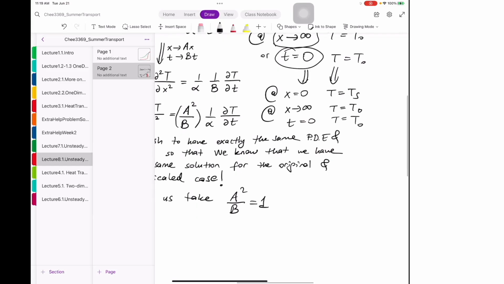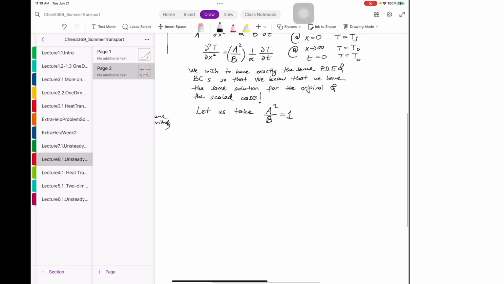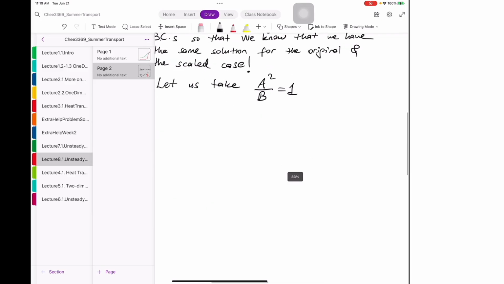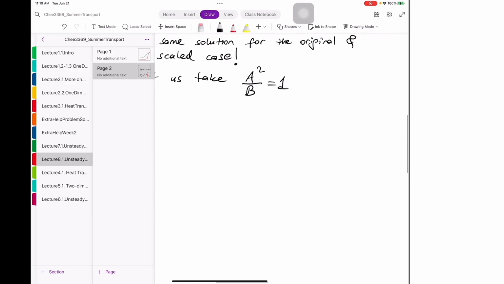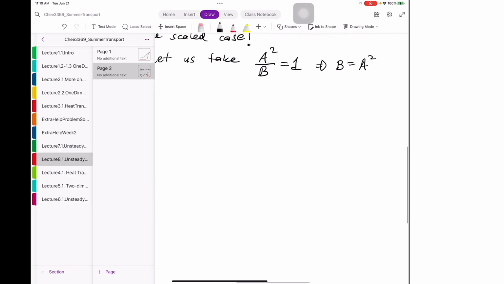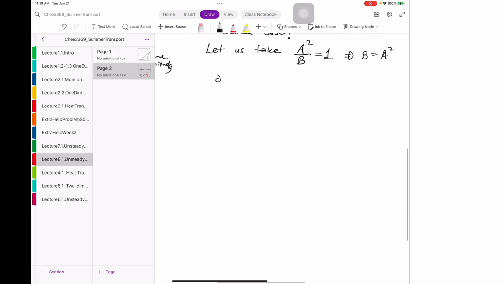So basically I have exactly the same boundary conditions. But let's take a squared over b equal to 1, meaning let's take b equal to a squared. In other words, for our zooming, convert the x to ax, but t to not bt, but a squared t.